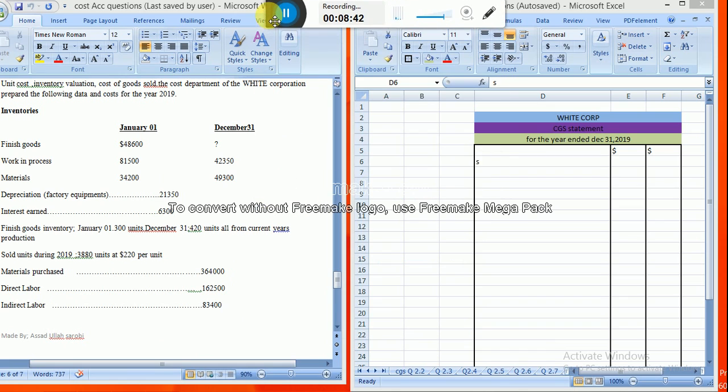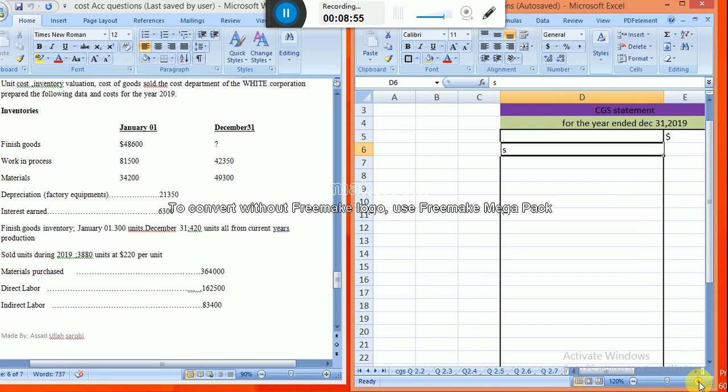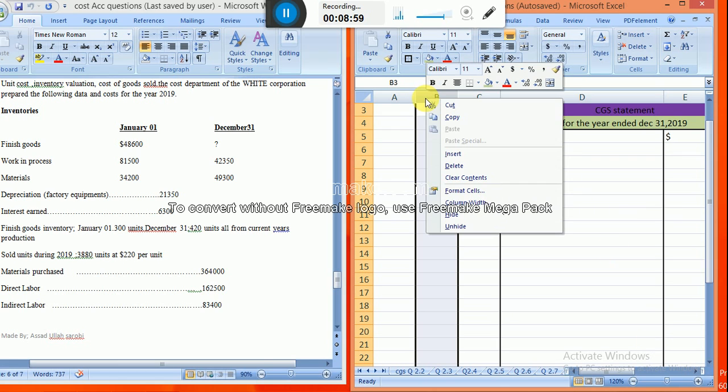So dear students, as you know, in the statement, first we will write the name of the company, then the statement, and after that the duration.